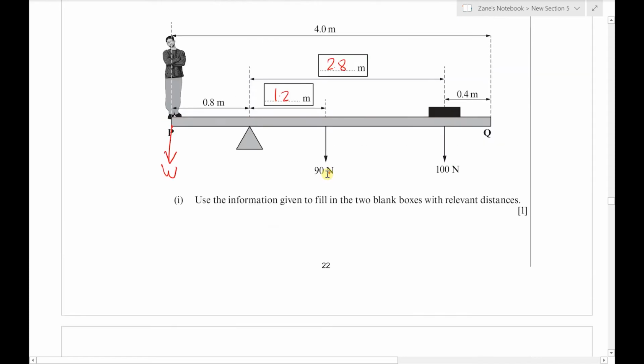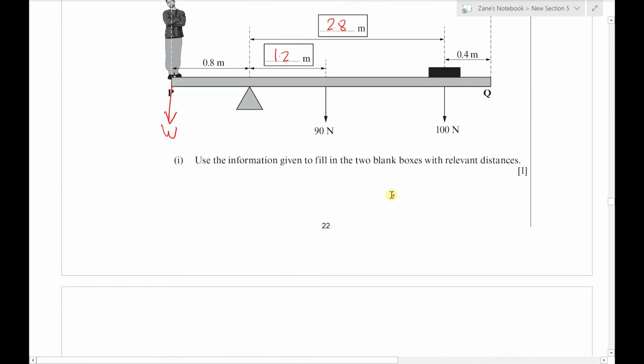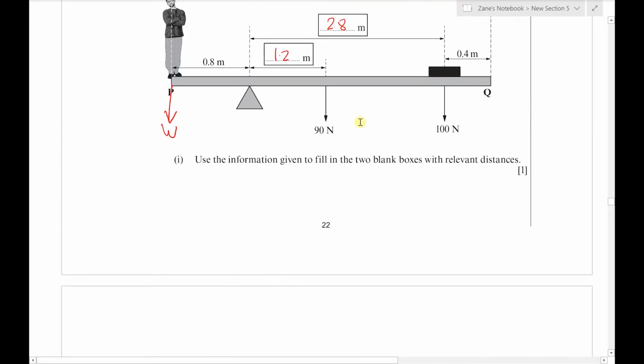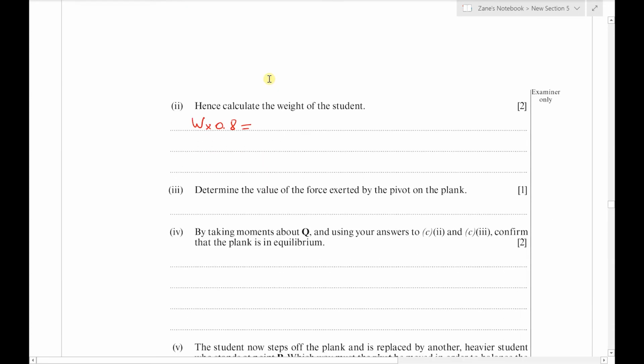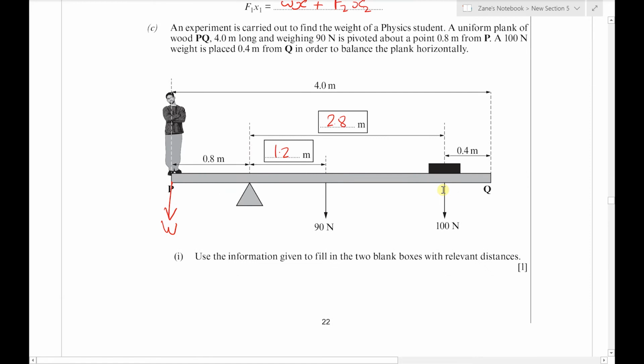Hence, we've got to calculate the weight of the student, and what we're really doing is using the equation that we wrote down in part B of the question. So the student's weight at a distance of 0.8 meters is balanced by the clockwise moments of 90 newtons at 1.2 meters. And I like to put each of these moments in a bracket just to make clear that they are separate terms. And we've also got the 100 newtons.